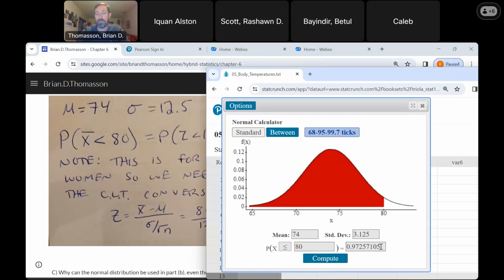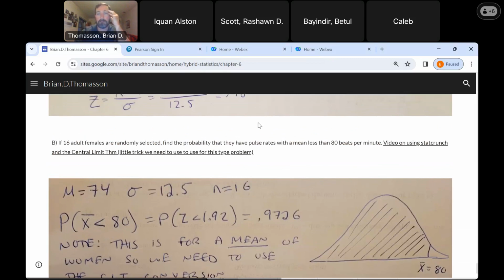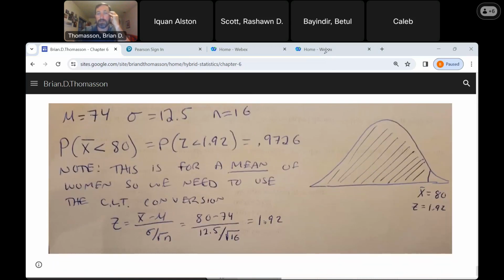Once we change it, we're going to have a drastically different result. As soon as we're talking about a mean, that introduces a new standard deviation. The new standard deviation is the old standard deviation over the square root of 16 in this case, whatever your sample size is.